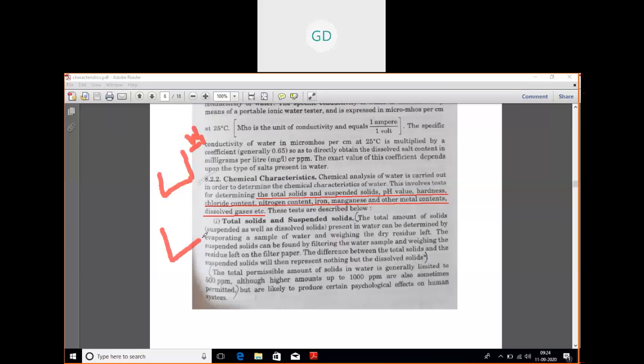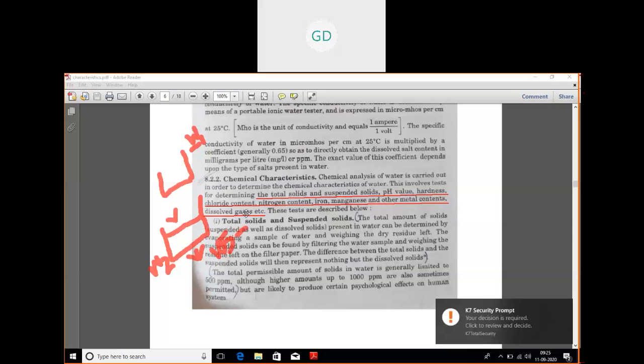Now, in that beaker, you pour the sample of water that you have. Suppose you have poured V mL of the water sample in that beaker. Now you weigh it again, and suppose the weight is W2. Now you heat this beaker at around 105 to 110 degrees Celsius.